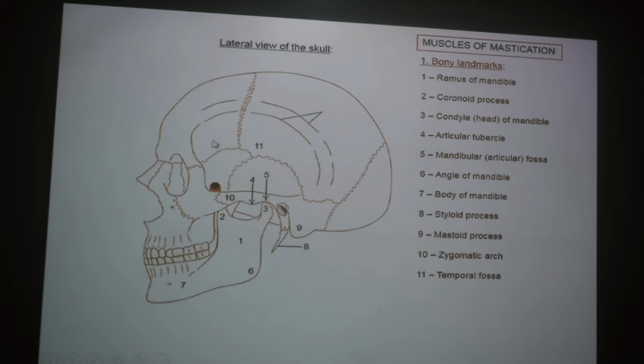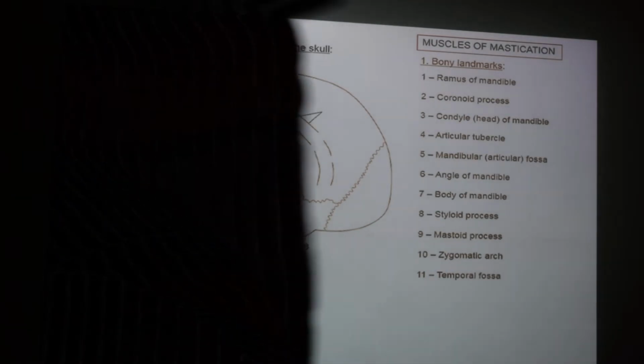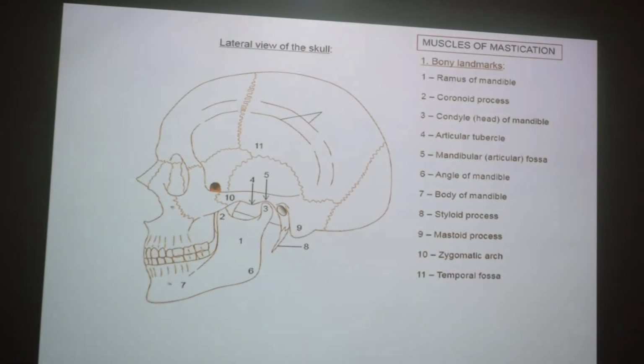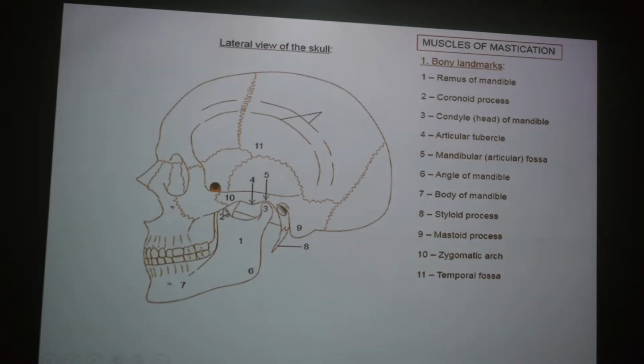So the muscle comes from all over this temporal fossa, goes down, and is inserted on the coronoid process; it is known as the temporalis muscle. Superior and inferior temporal lines we have talked about, and this is the maxilla. You should know all these structures.